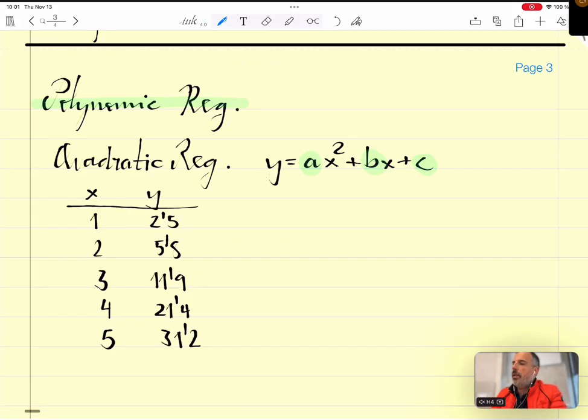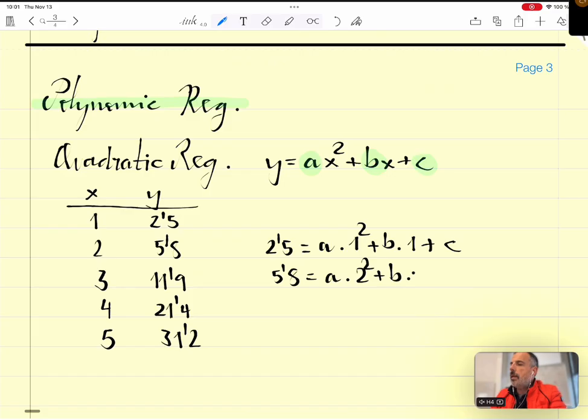So we take 3 points, let's say 2.5 equals A times 1 squared plus B times 1 plus C. And then 5.8 equals A times 2 squared plus B times 2 plus C. And then 11.9 is A times 3 squared plus B times 3 plus C, okay?